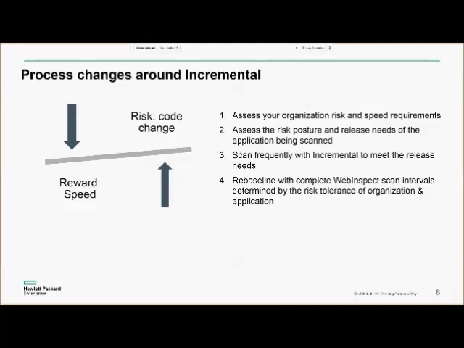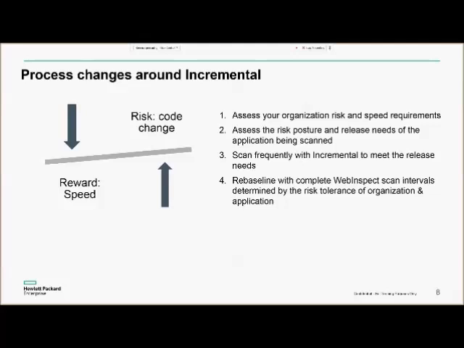So this comes to the question: how can organizations take benefit from the incremental scan modes that we just suggested? To do that, organizations have to have a measure to assess both their risk and speed requirements. This is not just from the entire organizational perspective, but also from the point of view of the application that they want to test. Once they have an estimate based on the organization and on the app, they can identify the pace required.